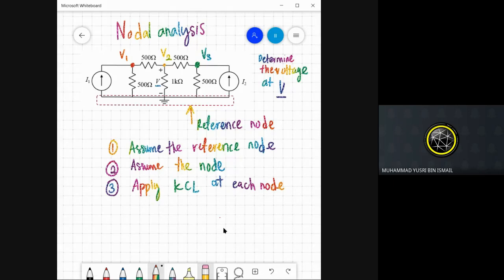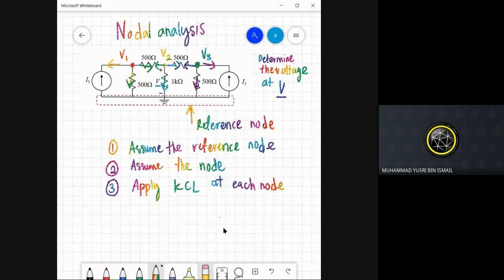At node V1, there will be three ways of current flow. At V2, there will also be three ways of current flow, as well as at V3.